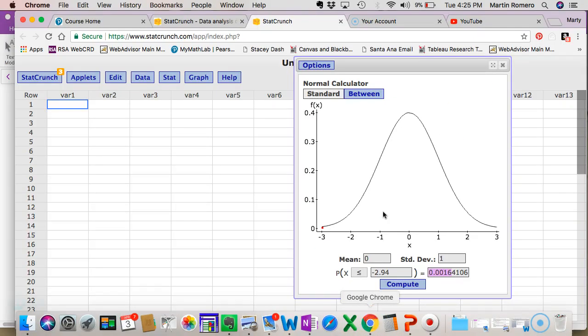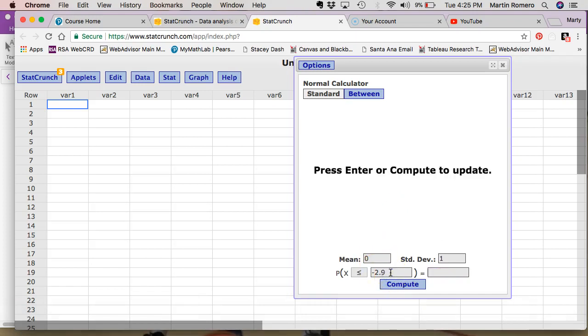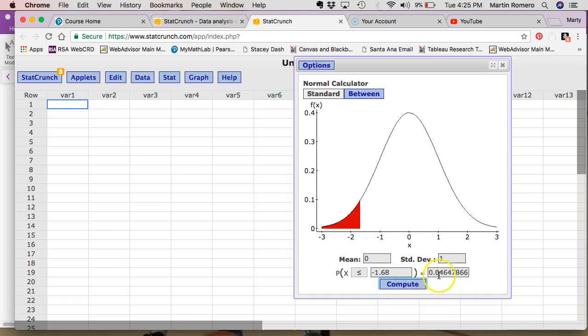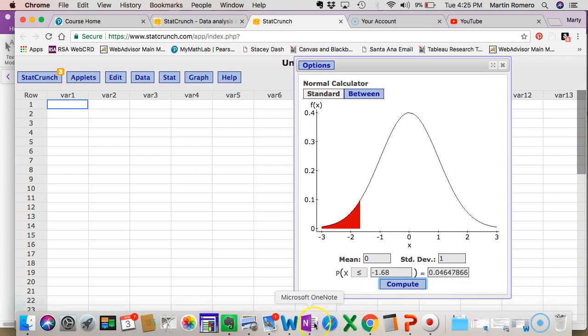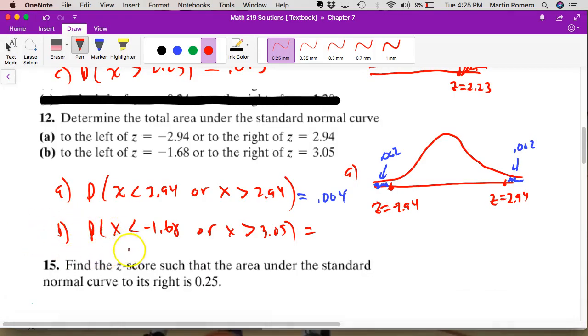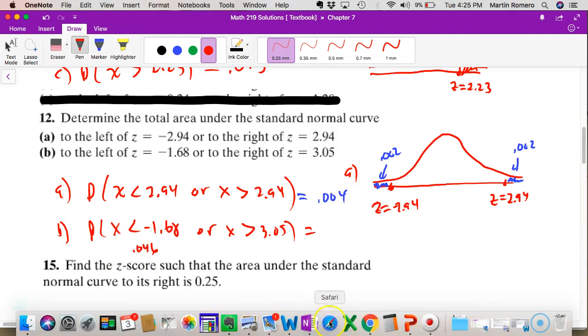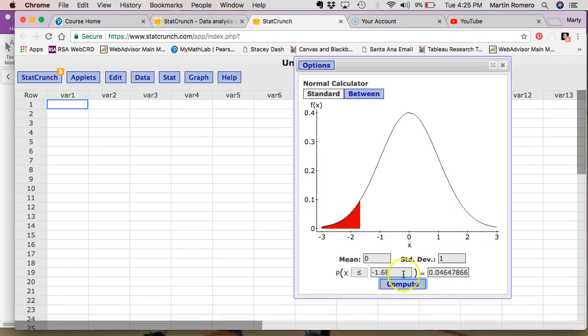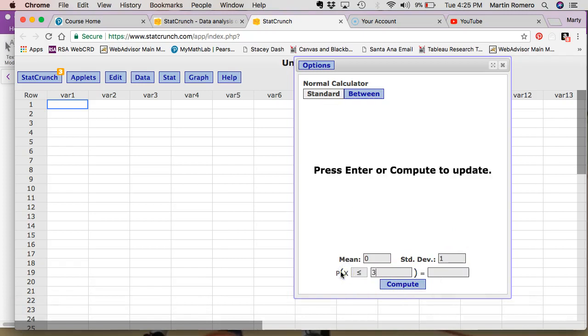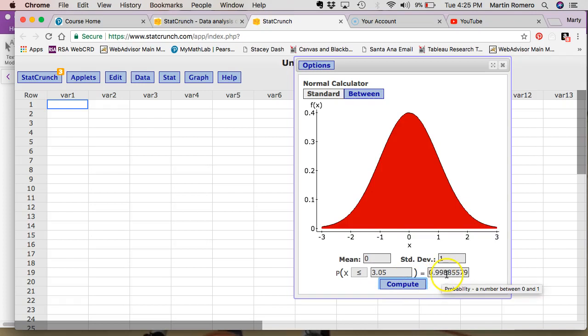Negative 1.68, compute, and you get 0.046 for one of them. Then for x greater than 3.05, compute, 0.9988, so 0.999. Oh, wrong way.